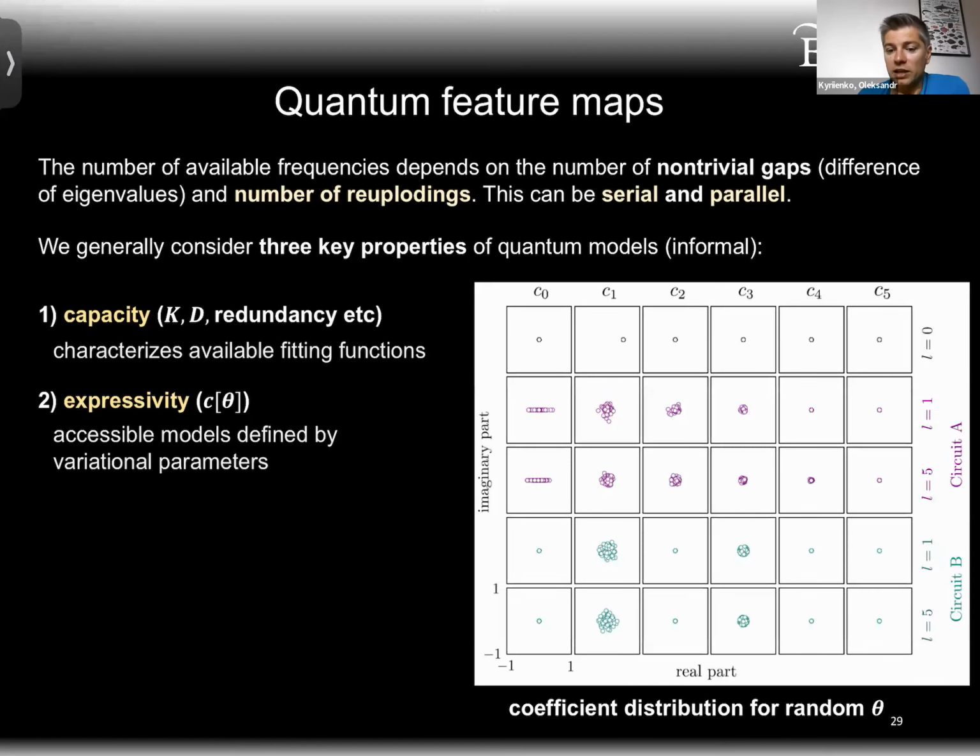So one example comes from just taking your variational ansatz with some random thetas and seeing what are the coefficients in front of each frequency, starting from zero frequency, going to higher frequencies. And you could see that the coefficients that you generate for, let's say, the lowest component, C1, can still have some sufficient spread.